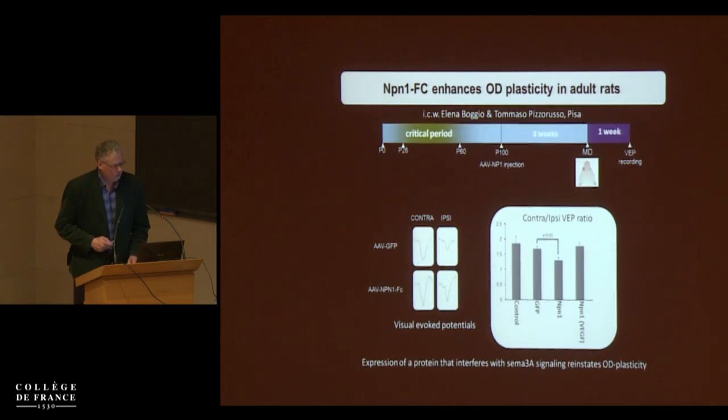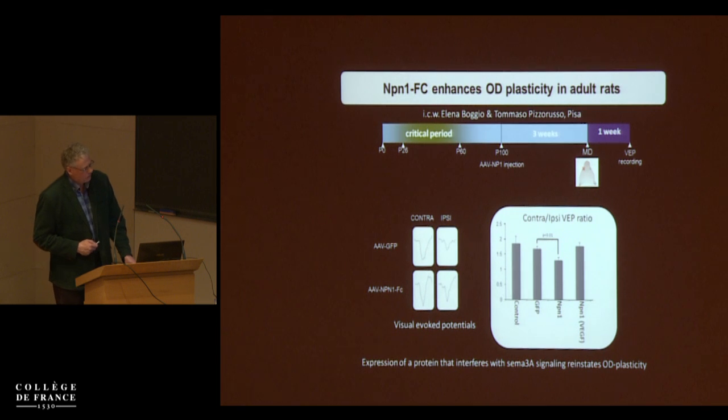And then we use this in collaboration with Tommaso in his ocular dominance plasticity model, where we first waited for the critical period to close. Then we injected AAV-NP1 at P100. We allowed 3 weeks for expression of the NP1 body. And at that time, Tommaso performed monocular deprivation, and 1 week later he measured visual evoked potentials.